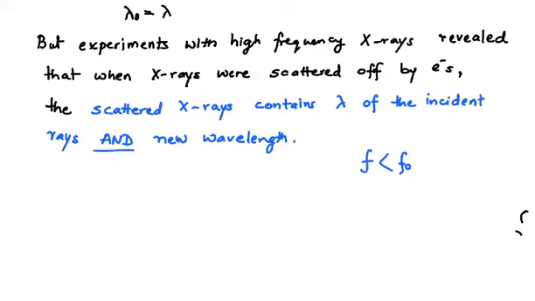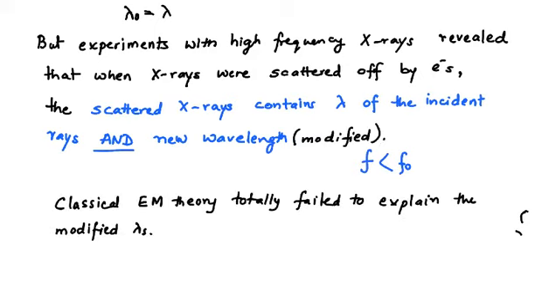So the scattered X-rays contain the wavelength of the incident rays and new wavelengths. Again, classical electromagnetic theory totally failed to explain the presence of such new modified wavelengths.